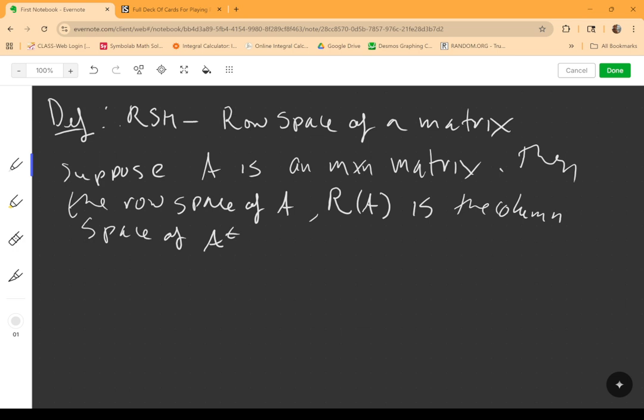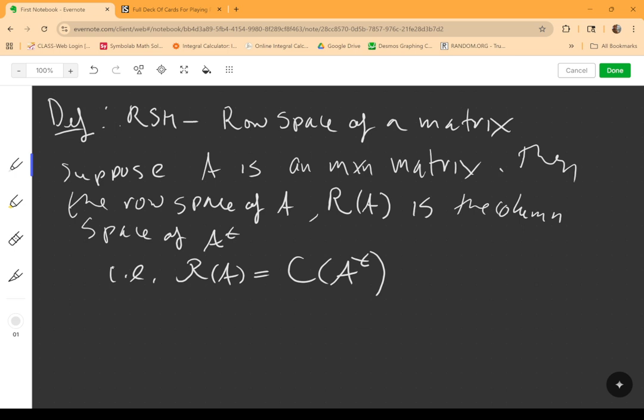In other words, R(A) is equal to the column space of A transpose. All right, so the nice thing about thinking about it in this form is that all previous results related to the column space directly apply to the row space.